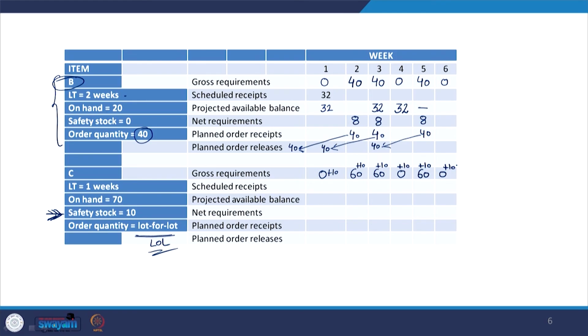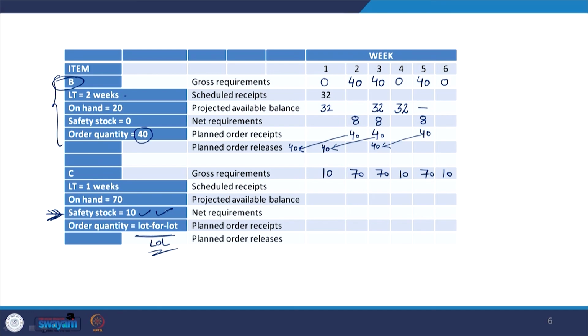So, in fact, if I write it clearly, so you can understand that these values will change: 10, 70, 70, 10, 70, 10. So, this will take care of my safety stock discussion.